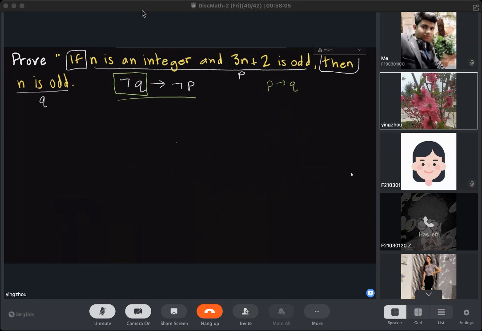So let's get started. I'm going to assume N is not odd. So I'm assuming not Q. Not odd is the same as even, so I'm going to assume N is even.